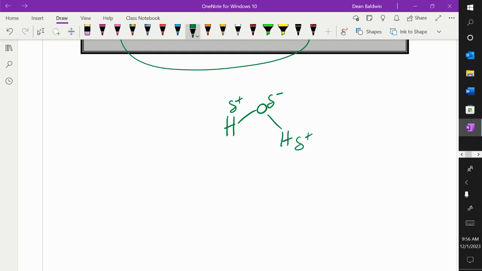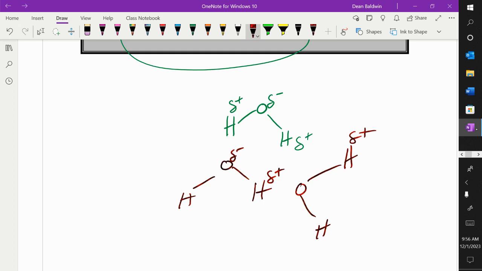Because when it interacts with other water molecules, this is partially negative, this is partially positive. Positive and negative attract to each other, right?